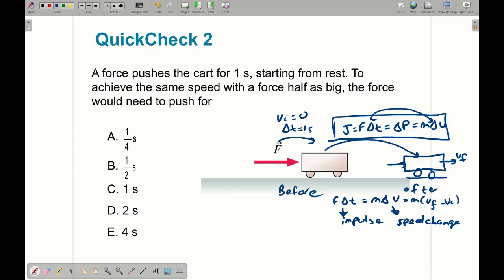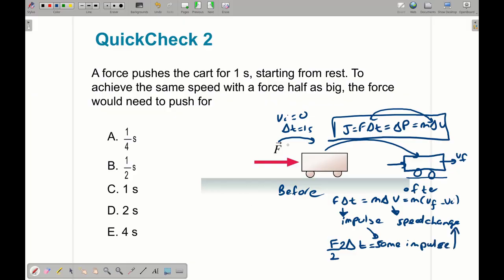Now, to achieve the same speed with a force half as big, so if I apply a force F over 2, I should apply it for twice as long to achieve the same impulse, which will give me the same change in speed.